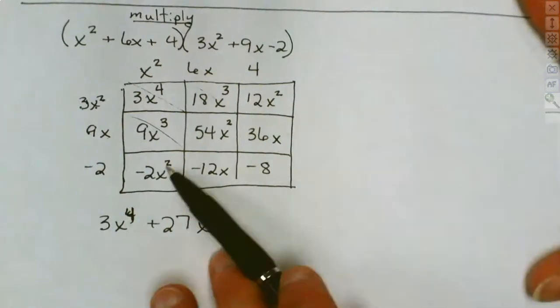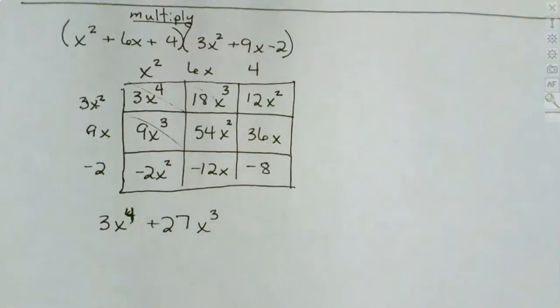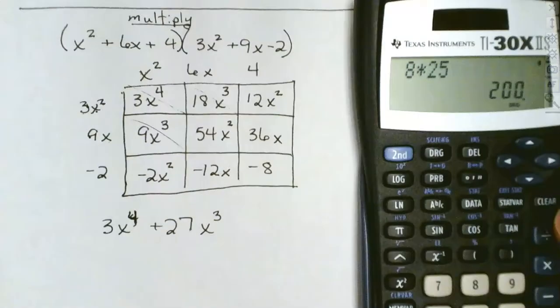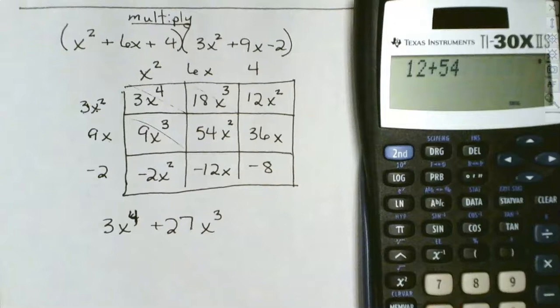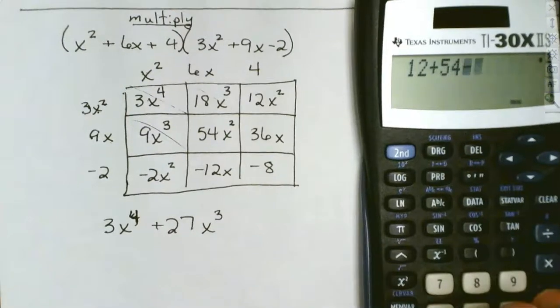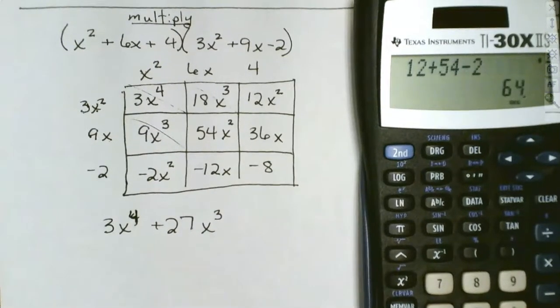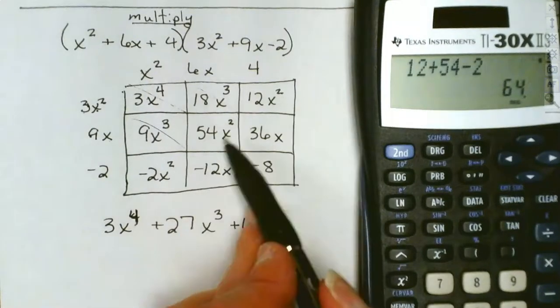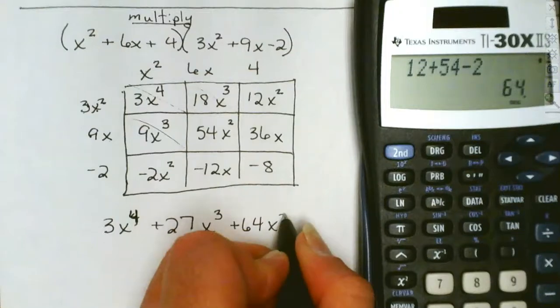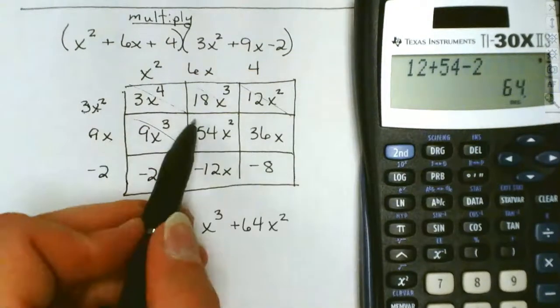Now we've got our larger diagonal here, so we need to add these across. So we have 12 and 54, right? And a negative 2. That goes together and makes it a 64, x squared there. Gone, gone, and gone.